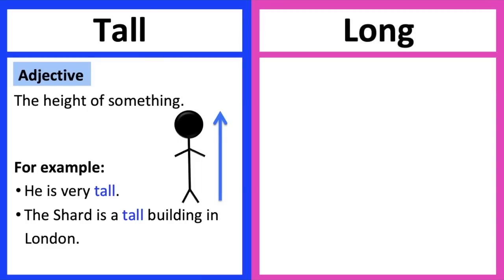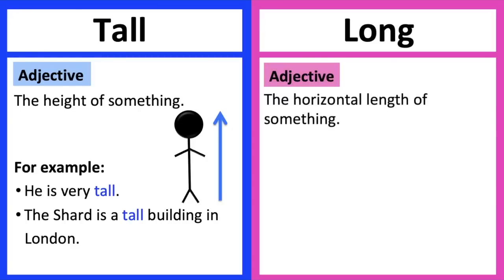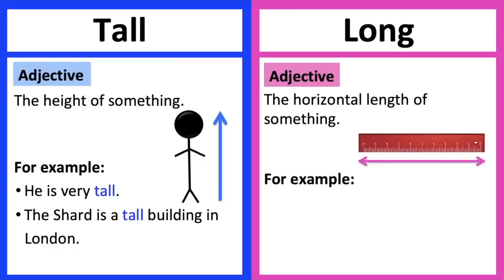Long. Long is an adjective and it refers to the horizontal length of something. So if we measure something between its two furthest points. For example, the ruler is long.